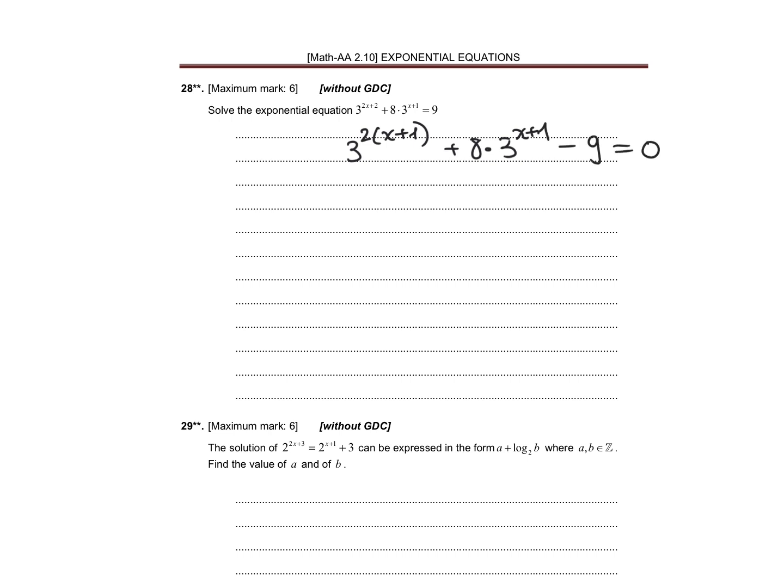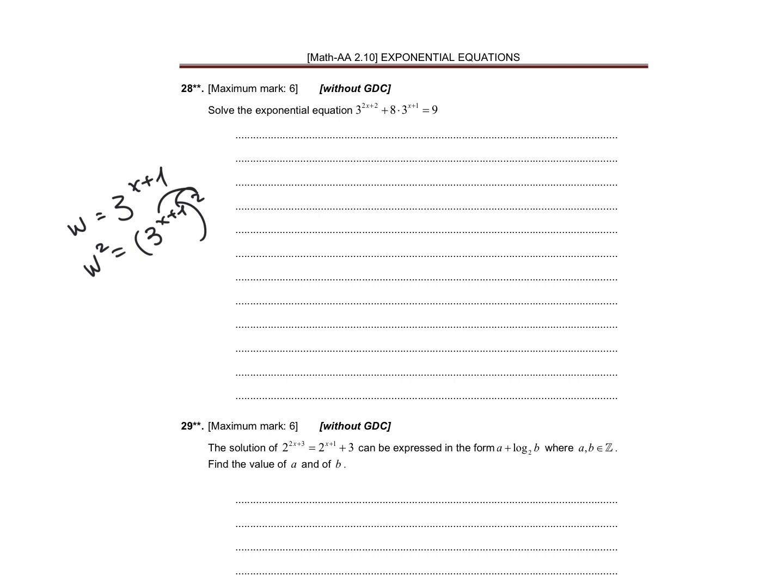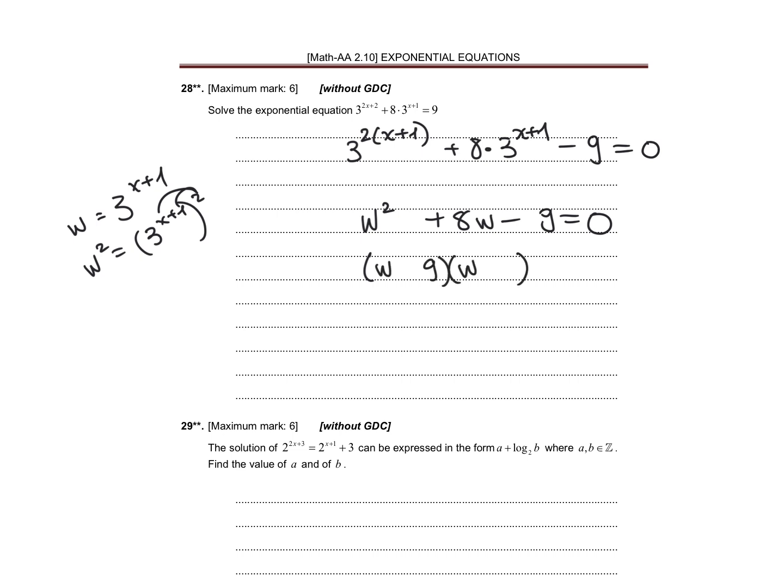So now we have w is 3 to the x plus 1. So this is going to be w squared, because if 3 to the x plus 1 is w, then 3 to the 2x plus 2 is w squared. Okay? All right, so plus 8w minus 9, 9 and 1, positive, negative.